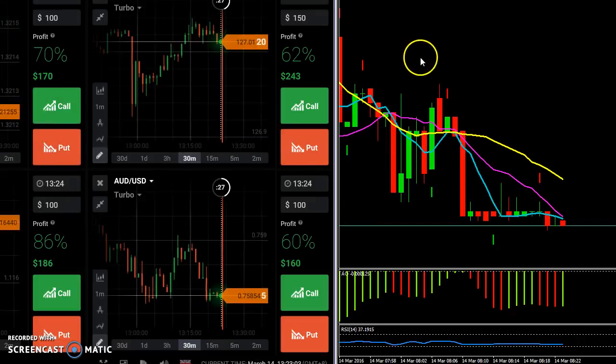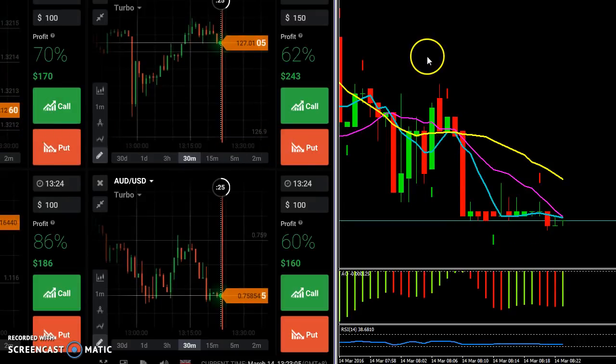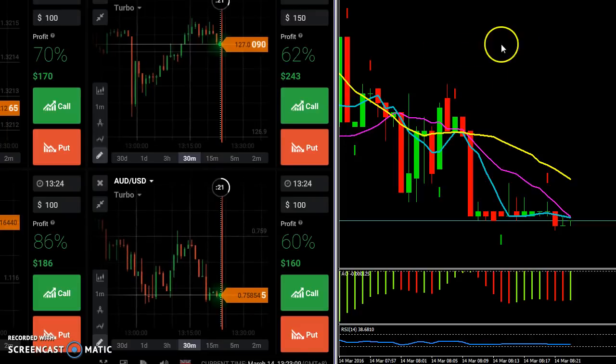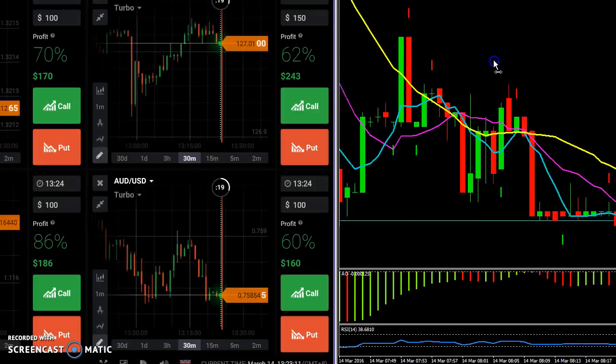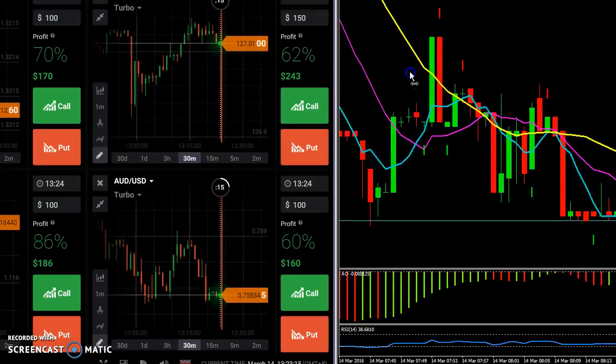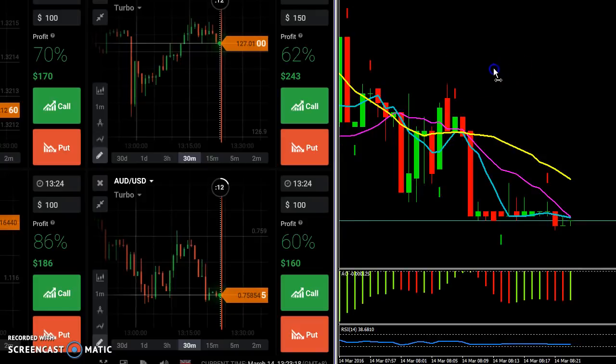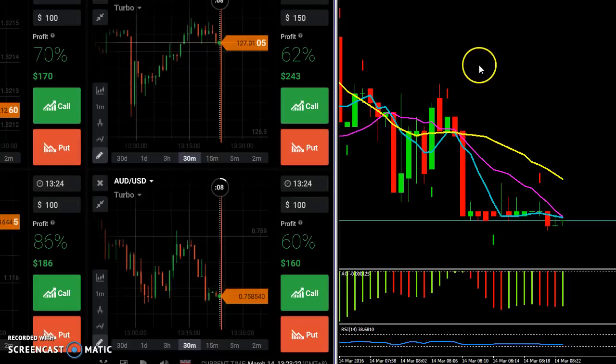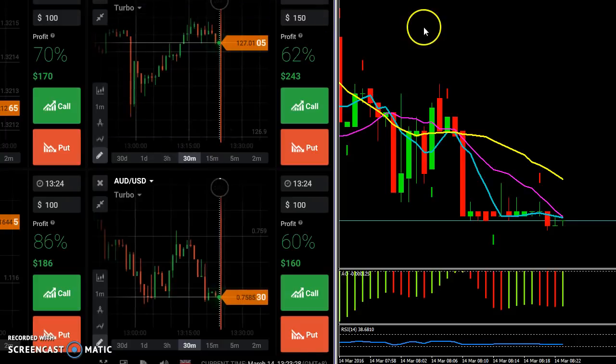I might pass on this trade. It is basically coming off a resistance level there. I think I'm going to pass on this one. So I'm going to pause the video and wait for the next signal.